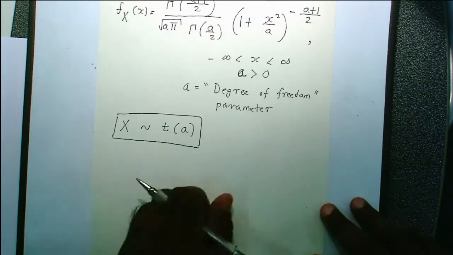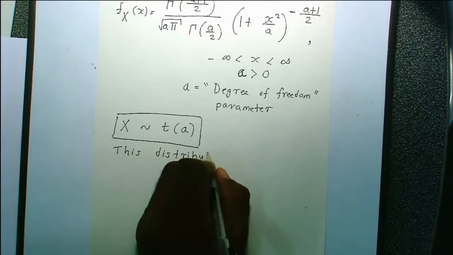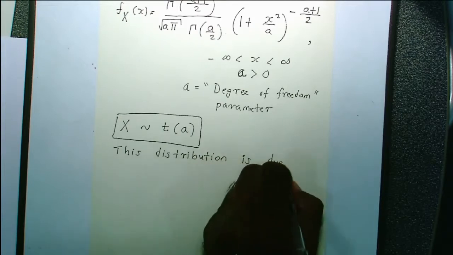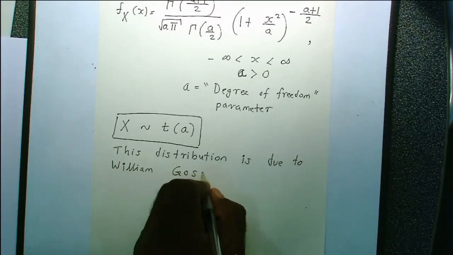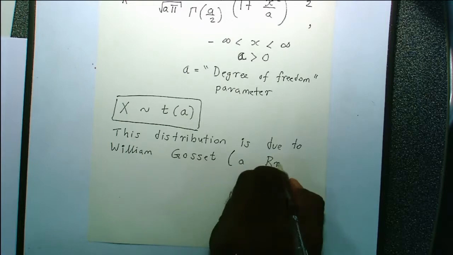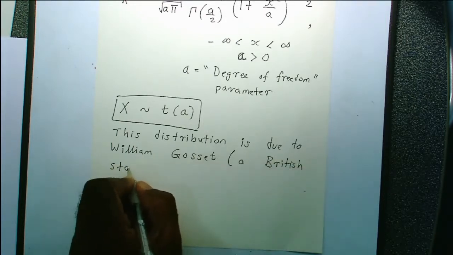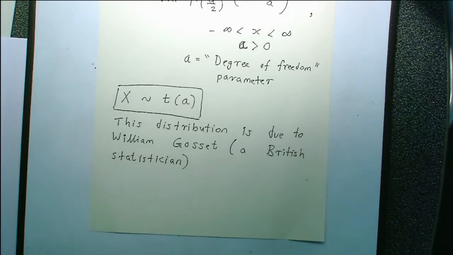Now, there is a story behind the student T distribution. The student's T distribution is due to a famous statistician called William Gossett, and the reason that instead of having his own name, it is called a student's T distribution is because he was a statistician for a famous Irish beer company.